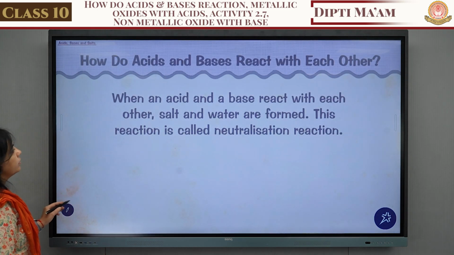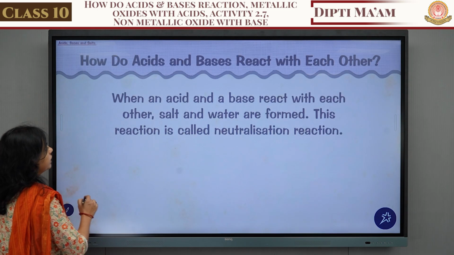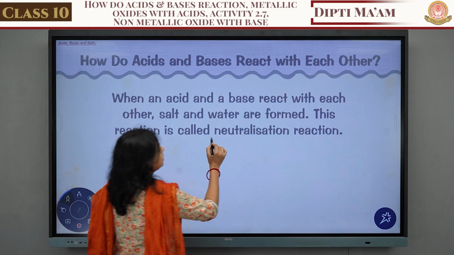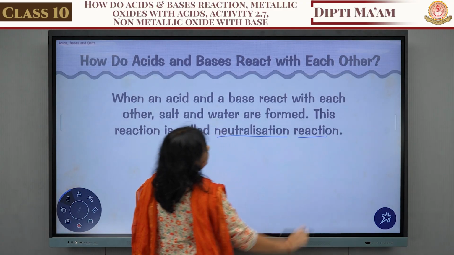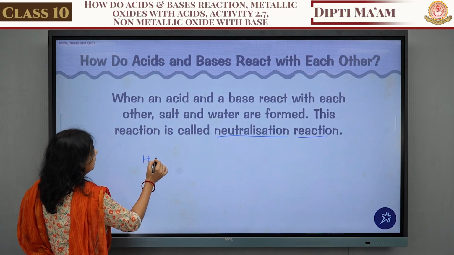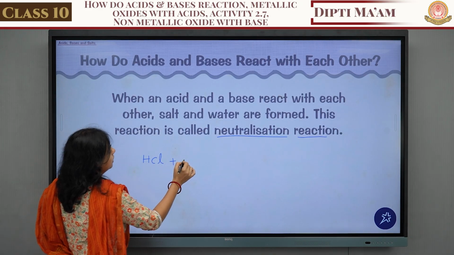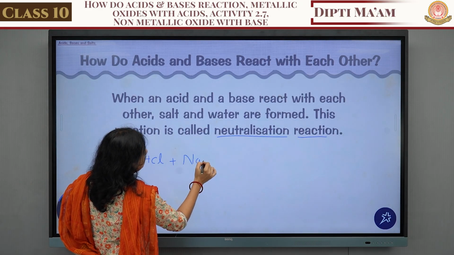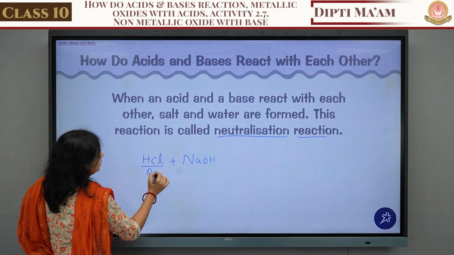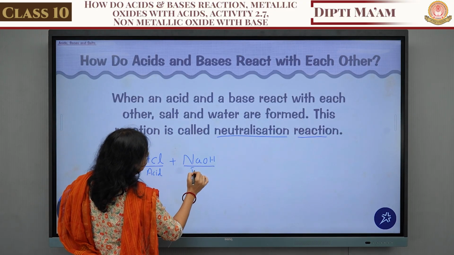When acid and base react with each other, salt and water are formed, and this reaction is known as the neutralization reaction. For example, suppose as an acid I take HCl, and as the base I take NaOH. One is the acid, the second component is a base.